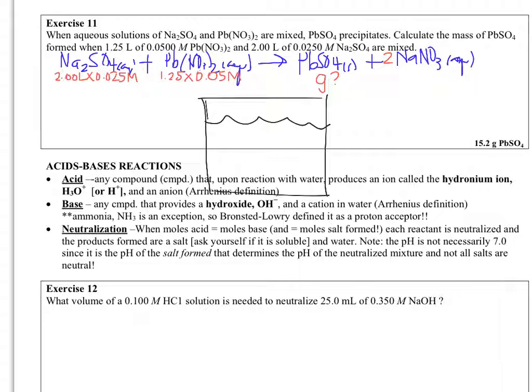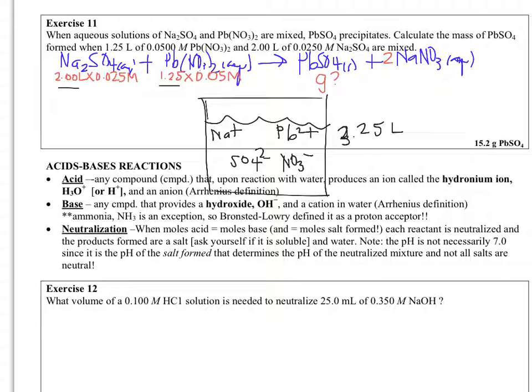So in this container now, after I've added everybody, I have a total of, not 2.25, 3.25 liters. The 1.25 liters of the lead nitrate and the 2 liters of the sodium sulfate. So my total volume here is 3.25 liters. In this container, I have sodium ions, I have sulfate ions, 2 minus, I have lead ions, and nitrate ions.